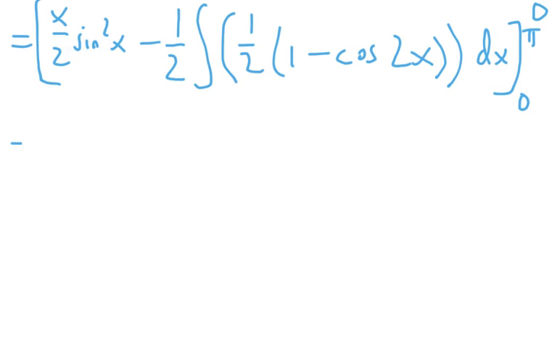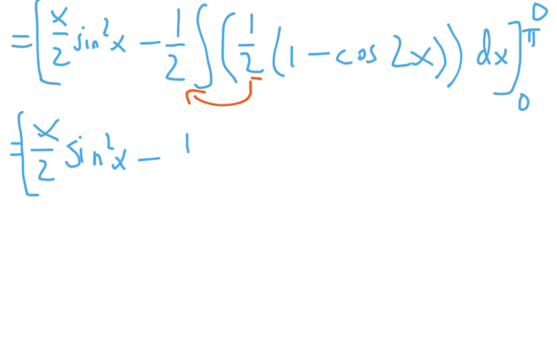Okay, so we have x over 2 sine squared x minus, now I'm going to bring this 1/2 out, and so we have minus 1/4, and then when we integrate 1, we just end up with x.